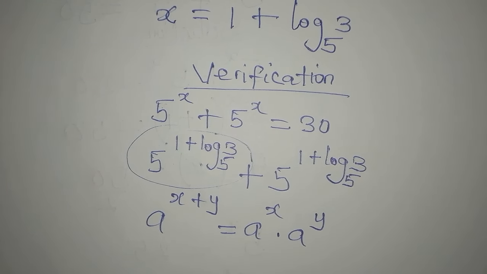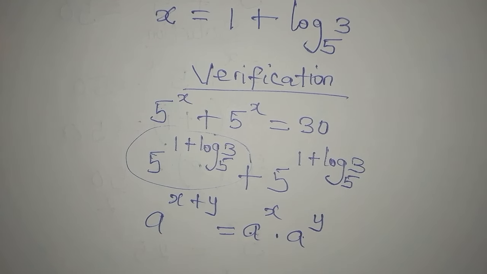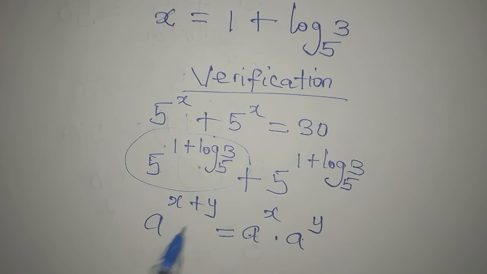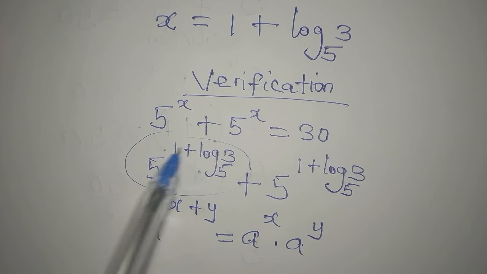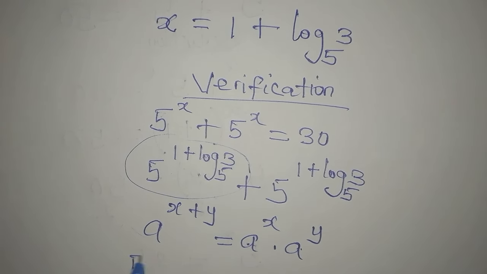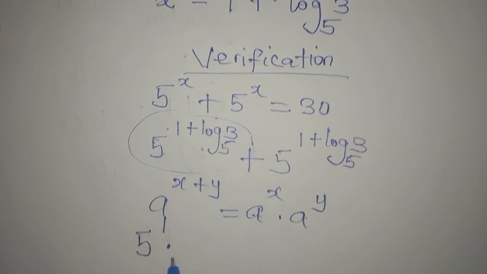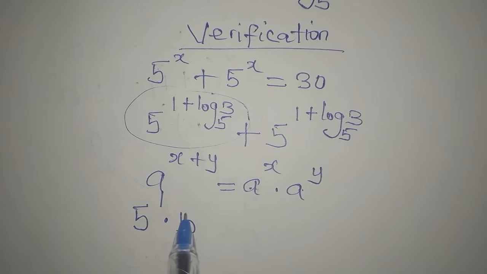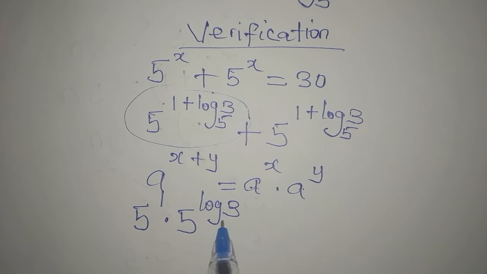Now if you obey the law of indices, you pick one of this and then add the power. That will bring you back to what we have on the left. So we're going to write this in this form. We have 5 to the power of 1 multiplied by 5 again to the power of log 3 to base 5.